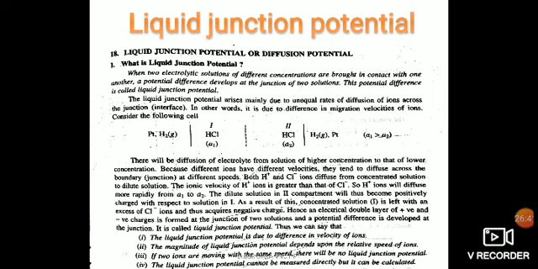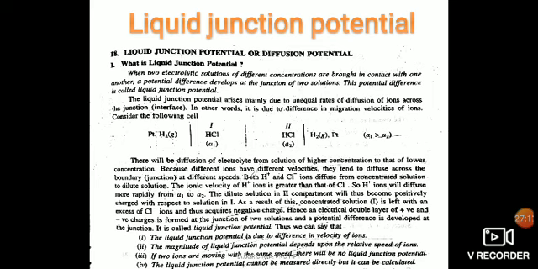There will be diffusion of electrolyte from the solution of higher concentration to that of lower concentration, because different ions have different velocities. They tend to diffuse across the boundary or junction at different speeds. Both H plus and Cl minus ions diffuse from concentrated solution to dilute solution. The ionic velocity of H plus ions is greater than that of Cl minus, so H plus ions will diffuse more rapidly from a1 to a2.